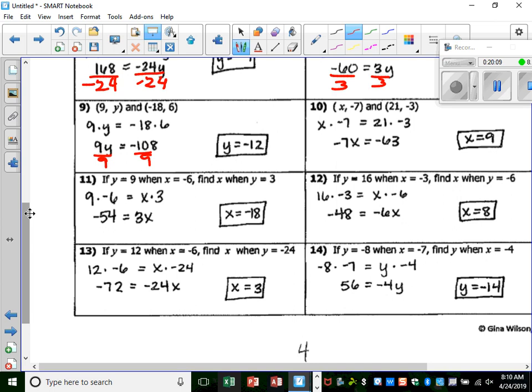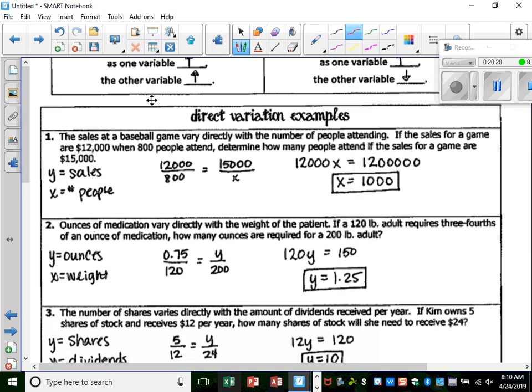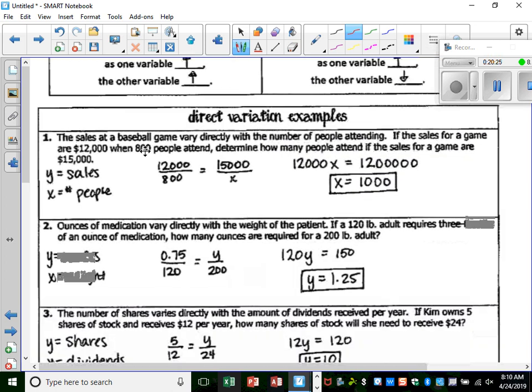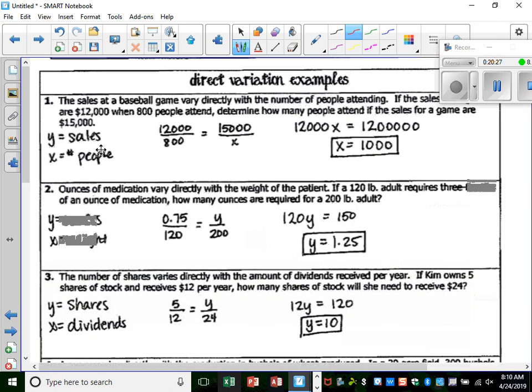Are we okay with these? Okay. All right. Now we're going to take what we know about direct and inverse and apply them to some word problems. Okay, so that's going to be on the next page. All right, so let's take a look.